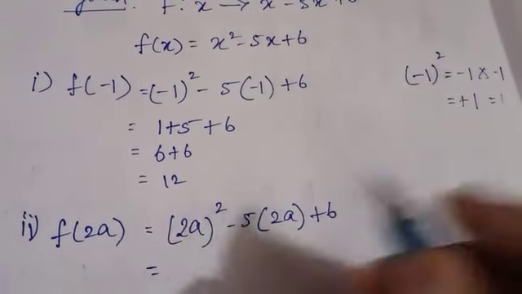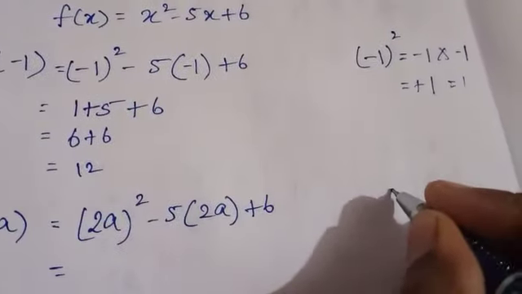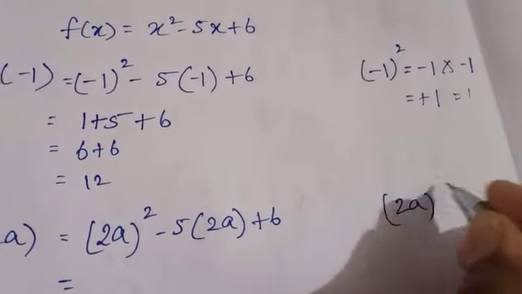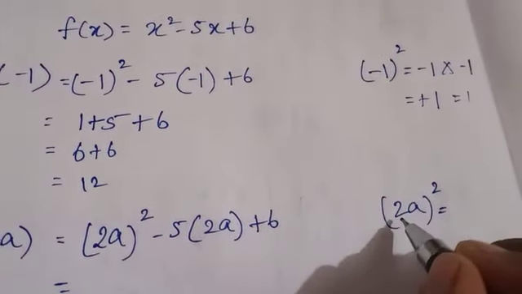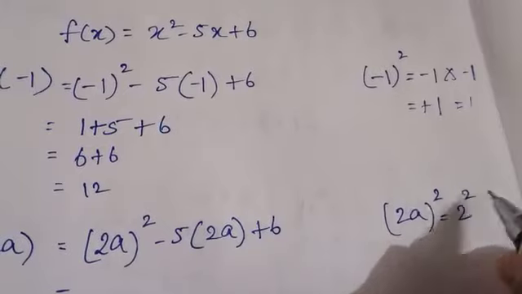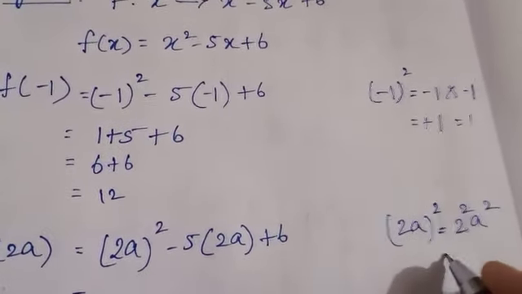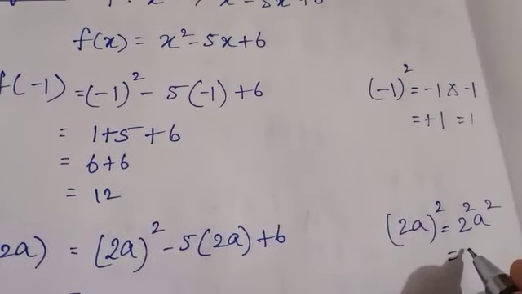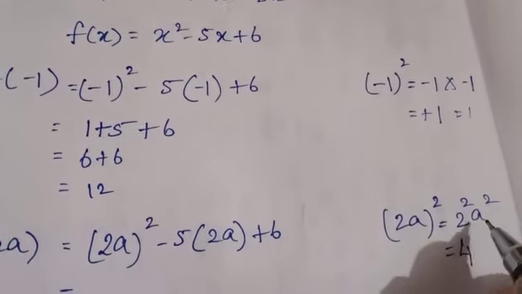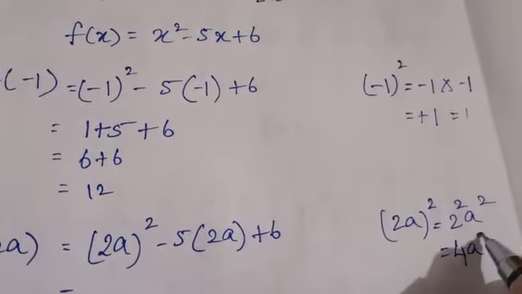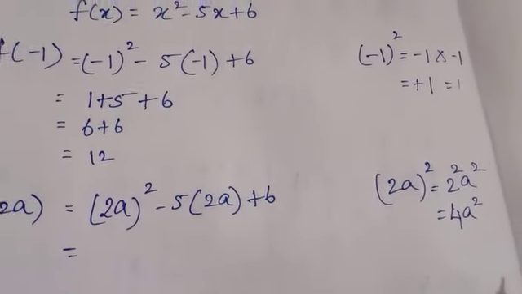We have 2a the whole square, which means 2 also has a square and a also has a square. So 2 square is 4 and I am writing the a square as it is.